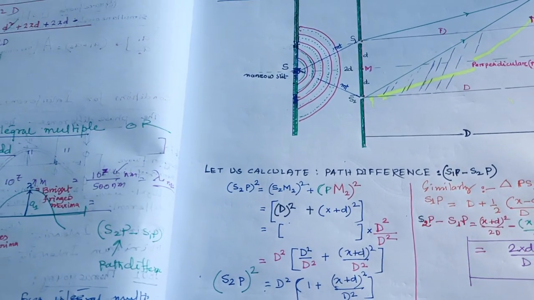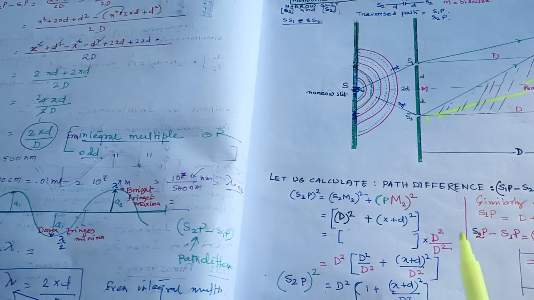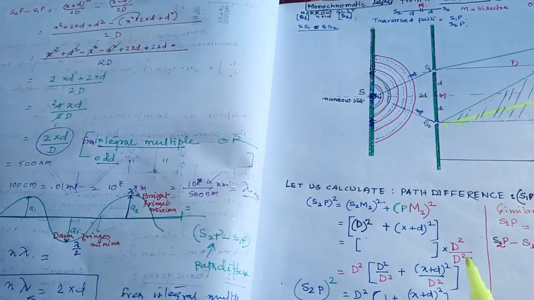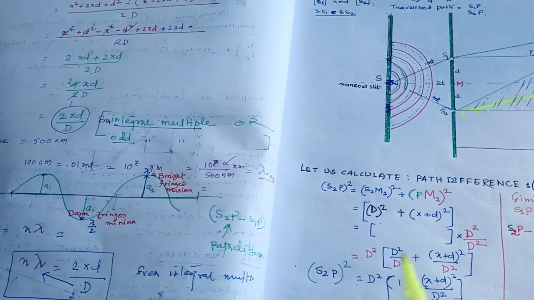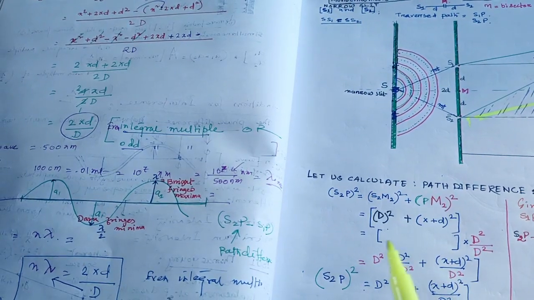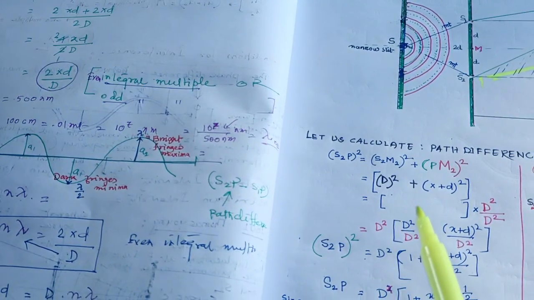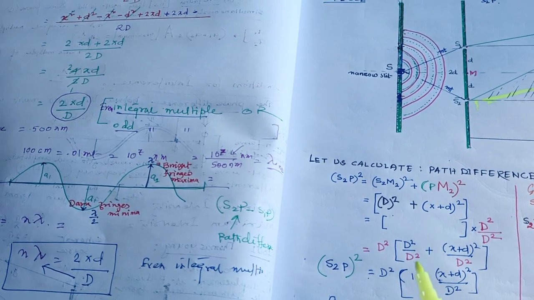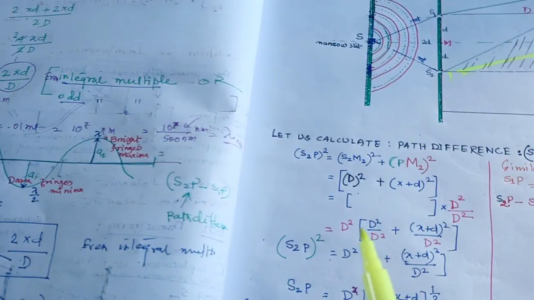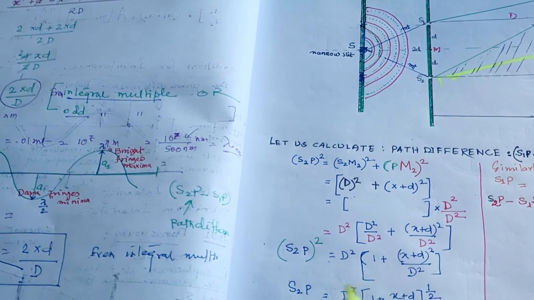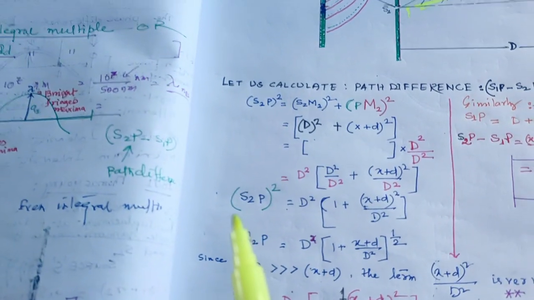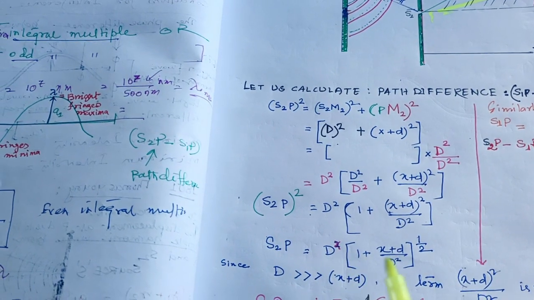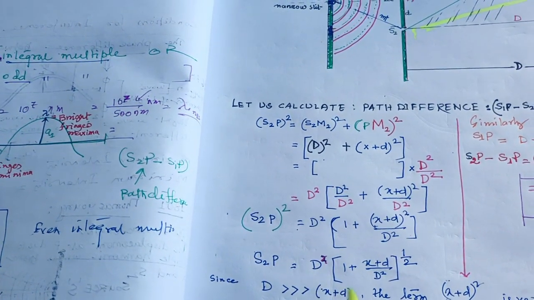So then I have divided both the terms by D square, and you can easily arrange such, and here you can cut these two, numerator and denominator, you will get this equation. If you take the root of this, you will get this term.